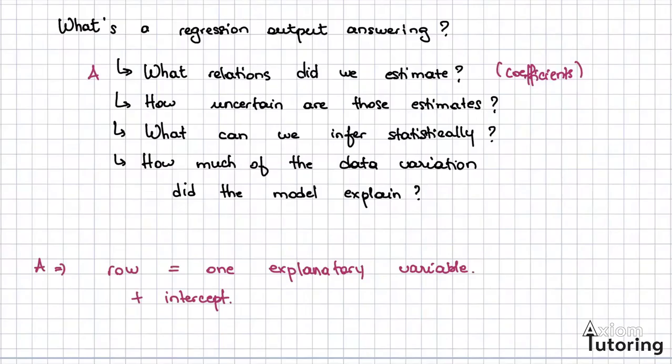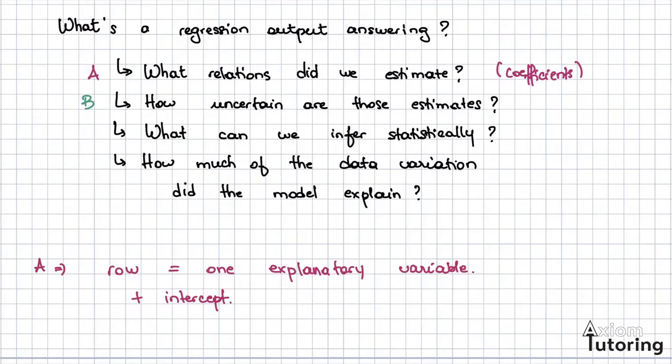Keep in mind, whenever you're doing these estimations, we're only looking at what numbers you should be expecting to see, and we're not going to make an inference yet. The second block, let's call this block B. How uncertain are these estimates? A coefficient alone, which is what we get out of the first block, is meaningless without all the uncertainty involved.